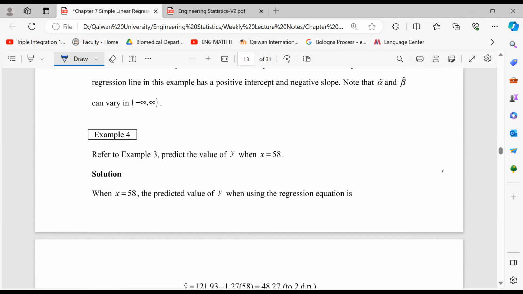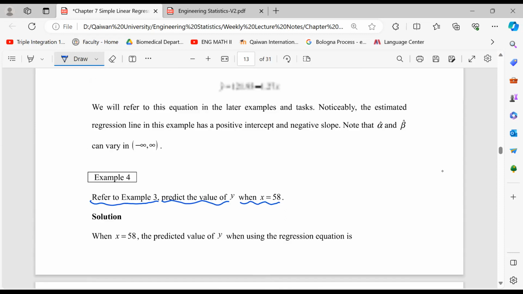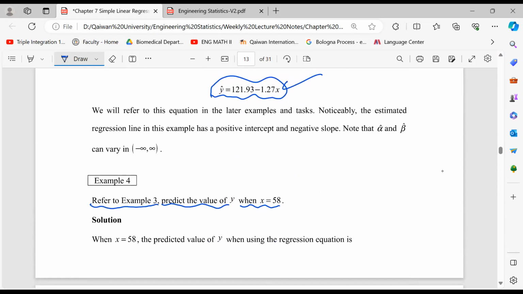Look, this example says refer to example 3, which is the previous example. Predict the value of y when x is 58. Let's write down the equation here. This is the equation. It says if x is 58, what's the value of y?